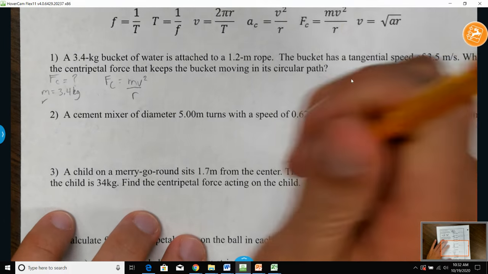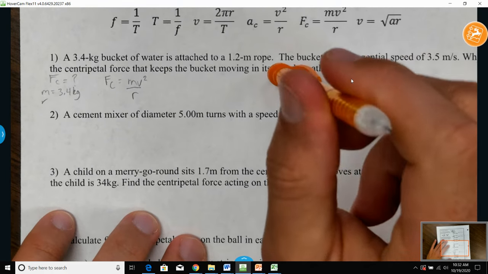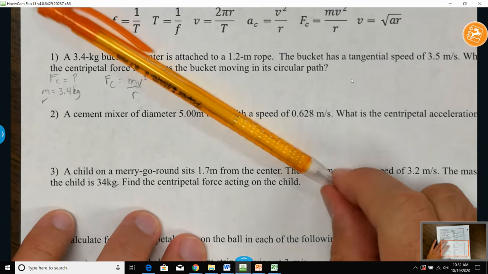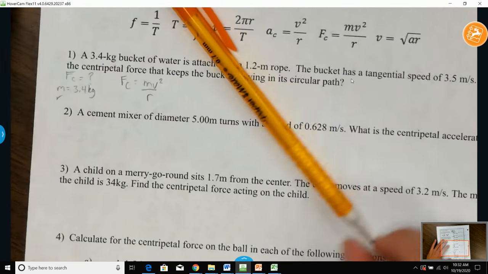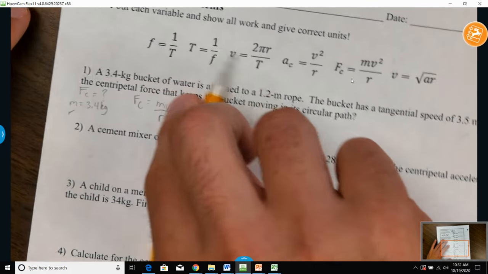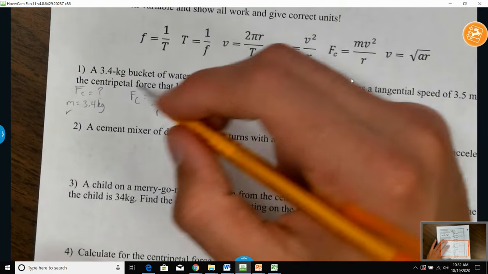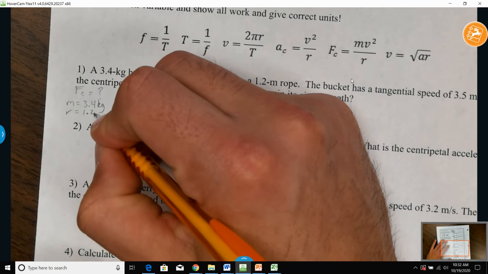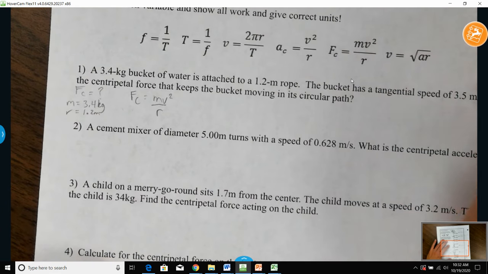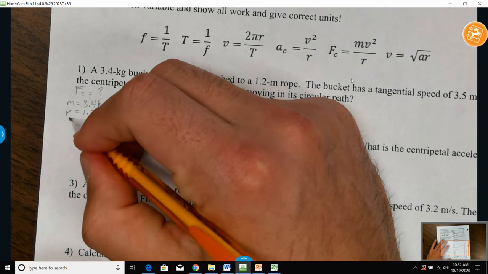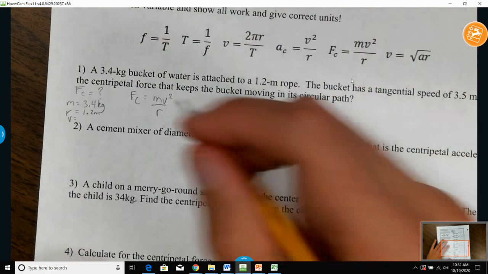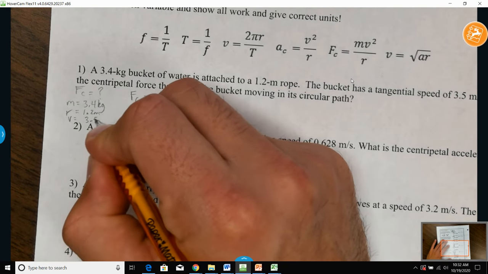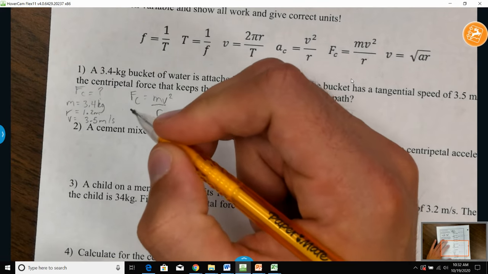Someone asks, well, don't we have to cut that in half? Well, if you hold the rope by this point and it's 1.2 meters long and it's being swung around in a circle, that would be the radius. So the radius is that 1.2 meters. And it gives us a tangential velocity, v, of 3.5 meters per second.